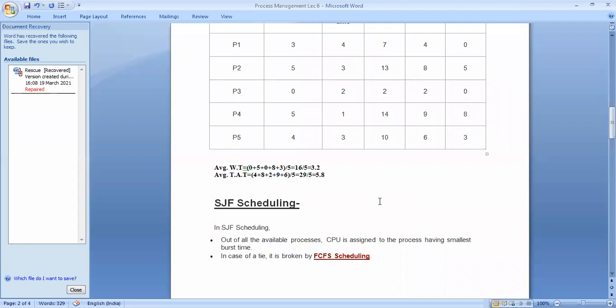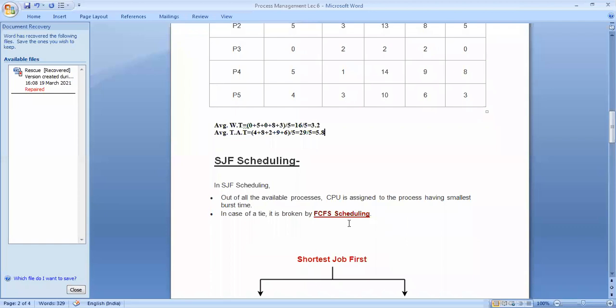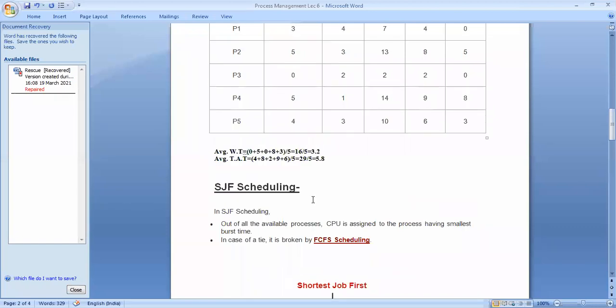This is the meaning of shortest job first. In case of a tie, it is broken by FCFS, first come first serve. If the burst time is the same, then we'll check which process came first, that is, the arrival time.